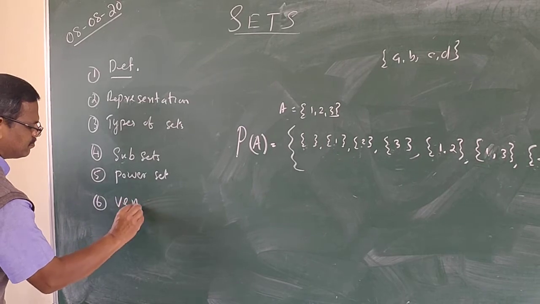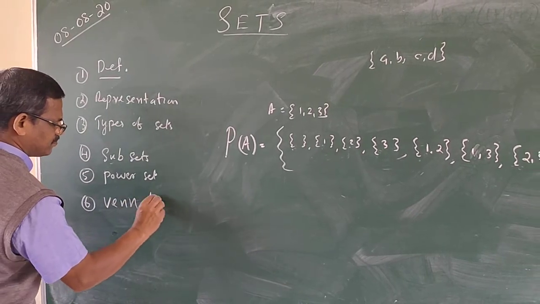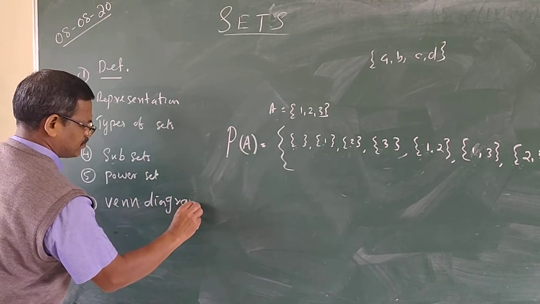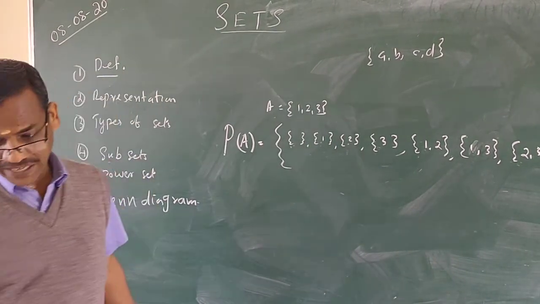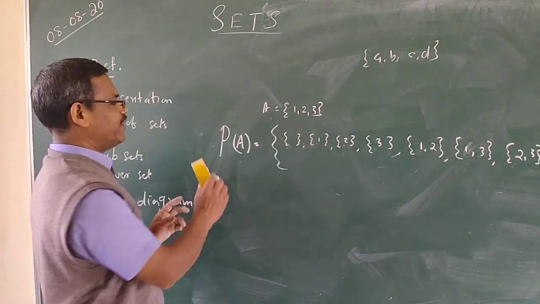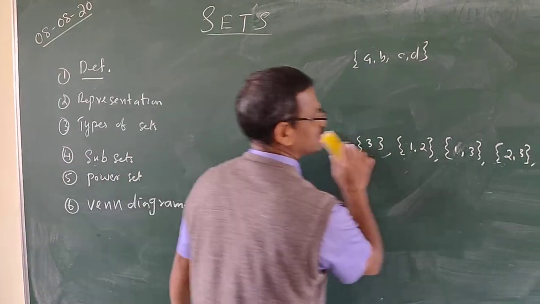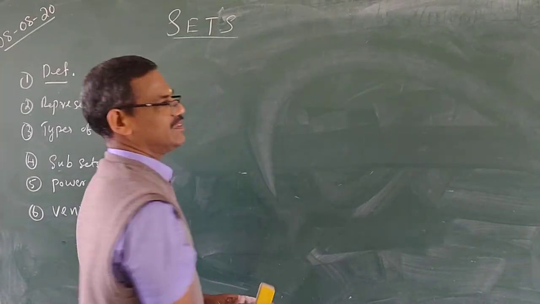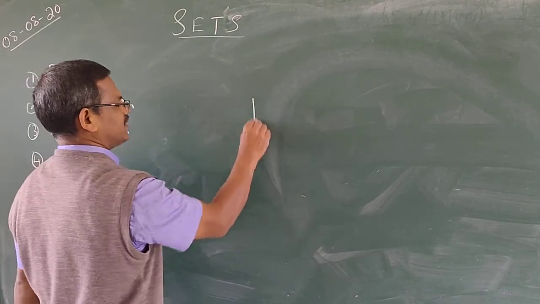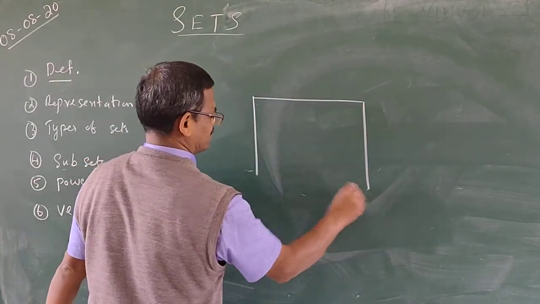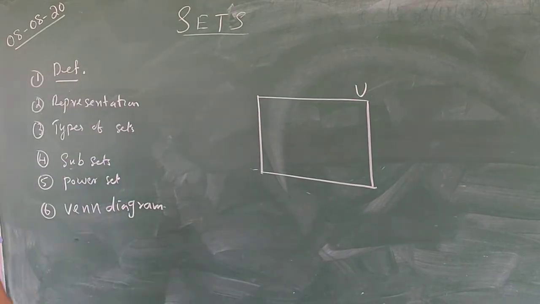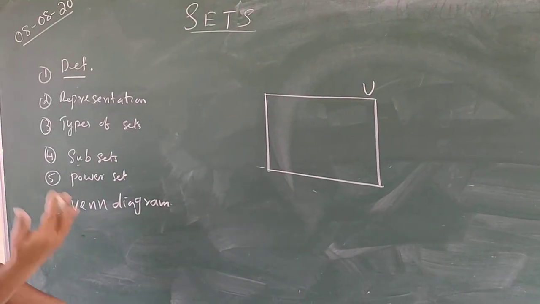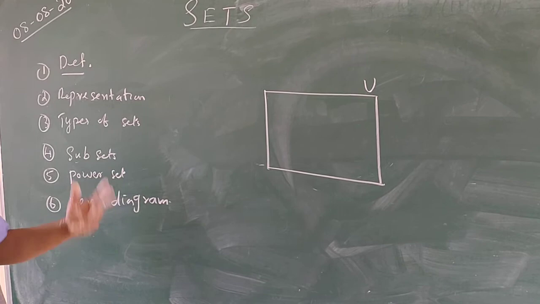And then next, Venn diagram. Representing a set by a diagram is called a Venn diagram. For example, suppose U is the universal set. Universal set means a superset of the given sets.